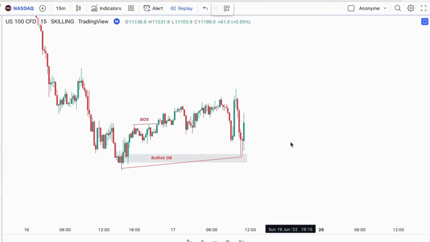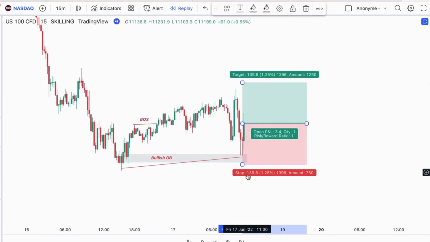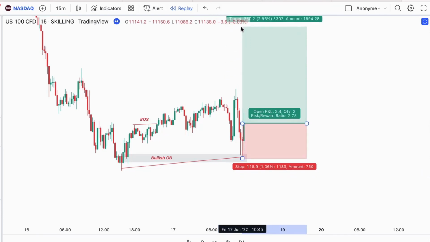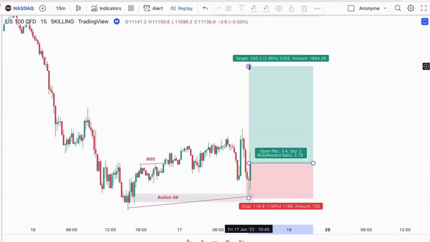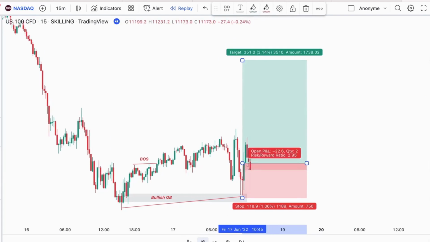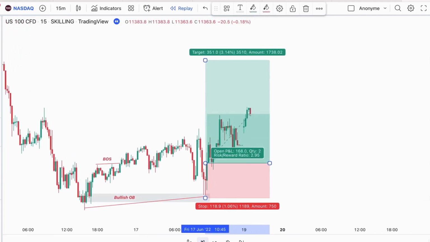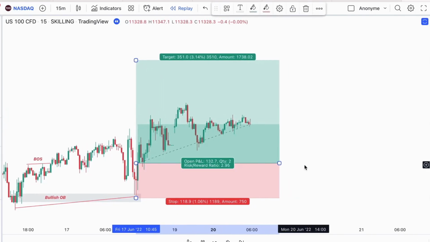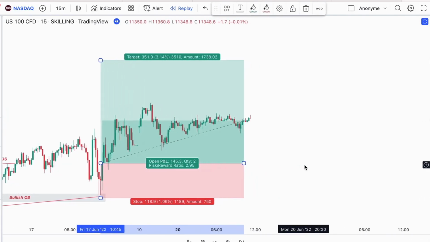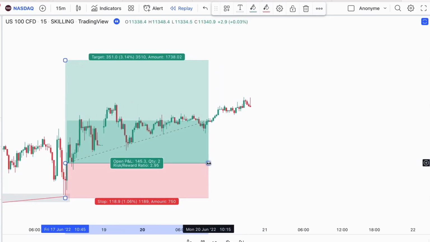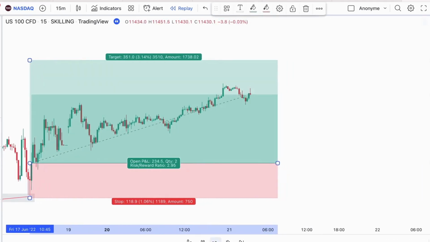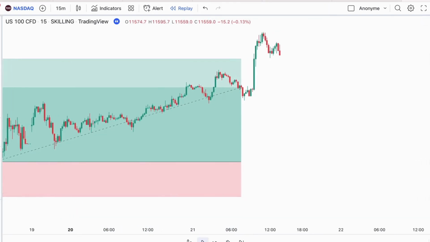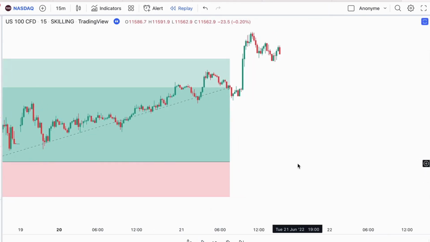So we'll put a long position here, stop loss below the order block, and we'll target the buy side liquidity. So our take profit is hit.